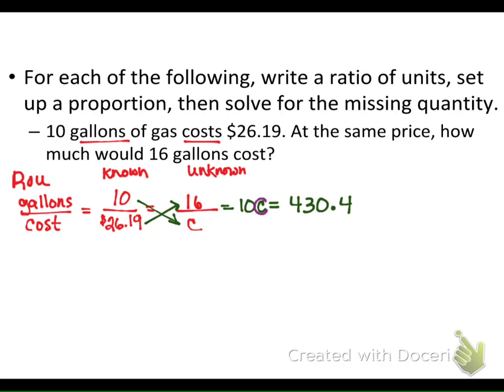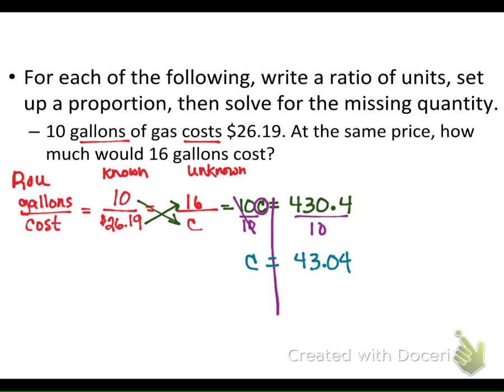I'm going to then solve my equation. So I'm going to circle my variable. I'm going to draw my line of equality. How do I get the variable here by itself? Divide by 10. So my 10's cancel. I bring down my C. What's 430.4 divided by 10? 43.04.